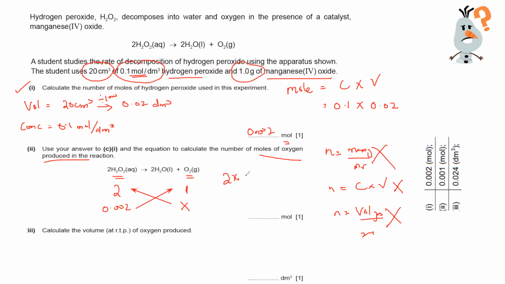So 2x equals 0.002, and we need x, the moles, so x will be 0.002 divided by 2, which equals 0.001. Is it clear, the second part? Is it clear to everyone?